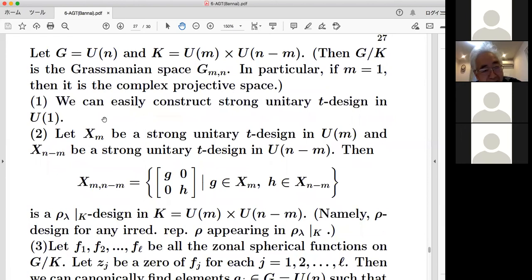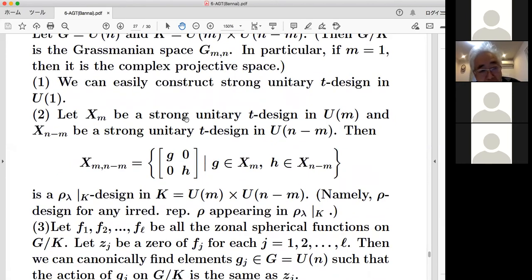Now, let X sub m be a strong unitary t-design in U(m), and X sub n minus m be a strong unitary t-design in U(n minus m). Then we consider the subset X_m,n-m of this form: g is from X sub m, h is from X sub n minus m. This is a subset of U(n).